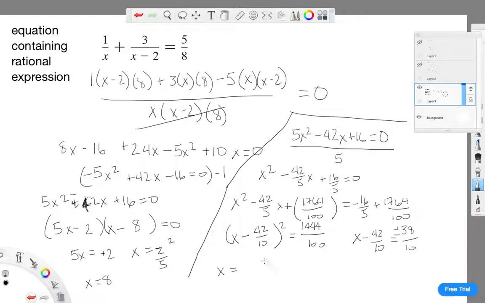So x is equal to negative 38 plus 42 over 10, which is equal to 80 over 10, or 8. That's our first answer. And x is also equal to negative 38, excuse me, that's our second one.